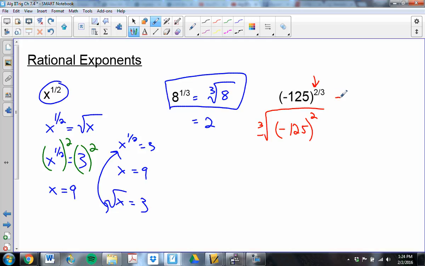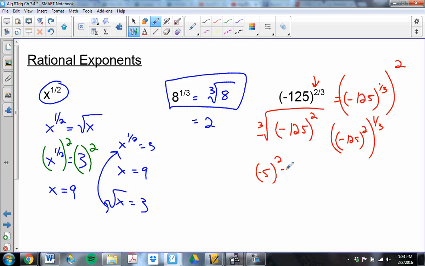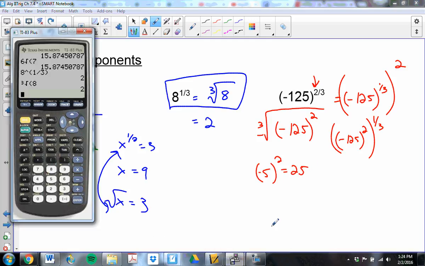Because you can think about it like it's negative 125 to the 1/3 squared. Or other order, negative 125 squared to the 1/3. However you want to think about it. So I could find the third root of negative 125, which is negative 5, and then square that and get 25. This comes out to 25, which again, you can just calculate.